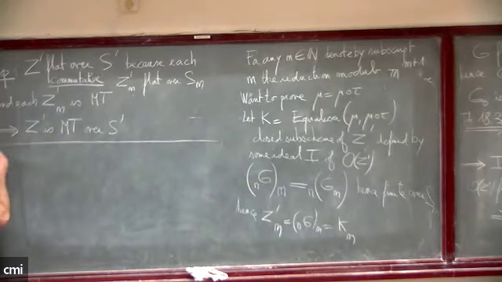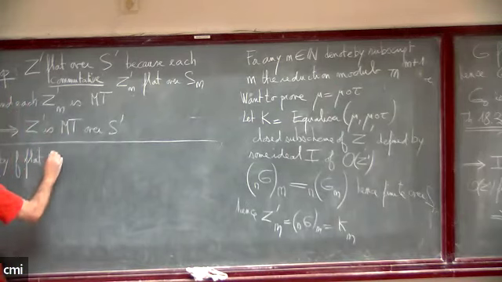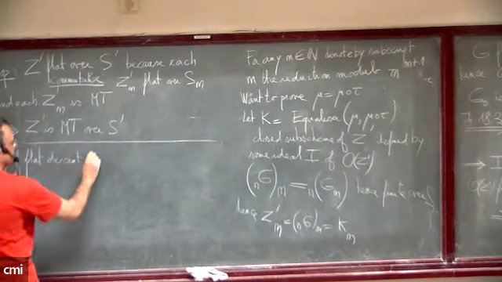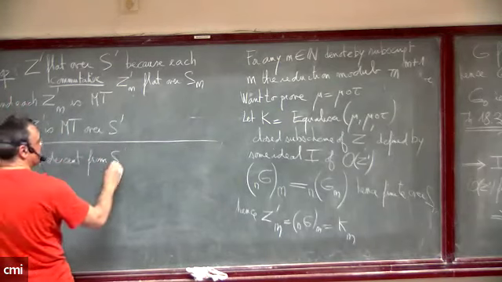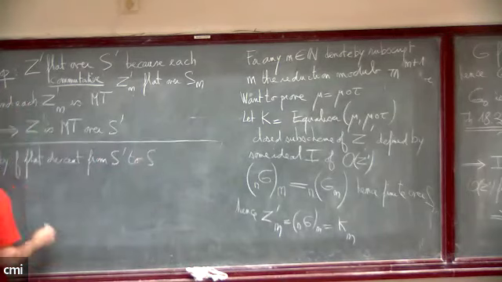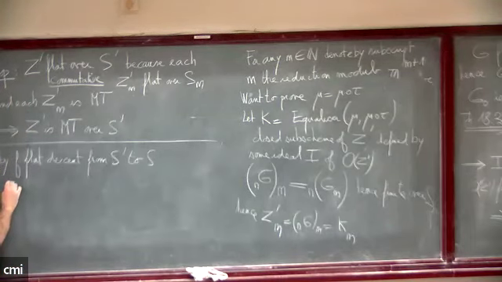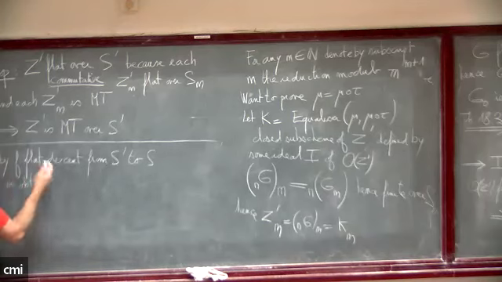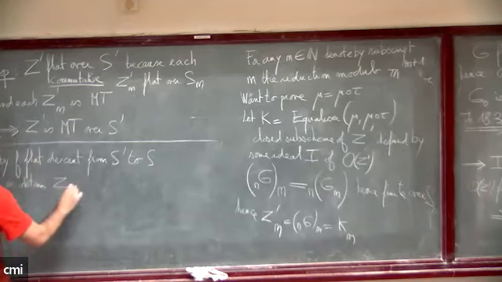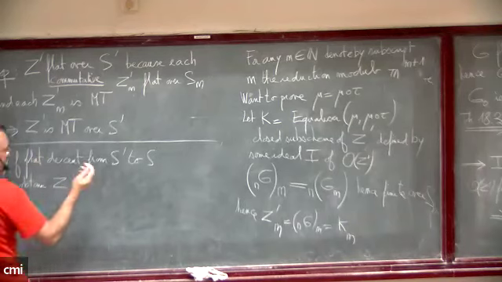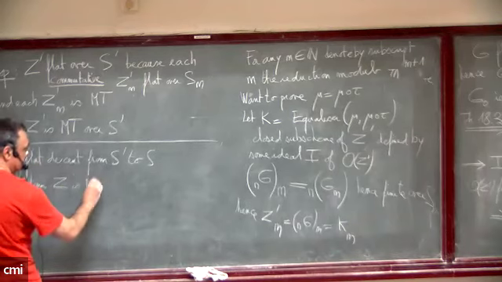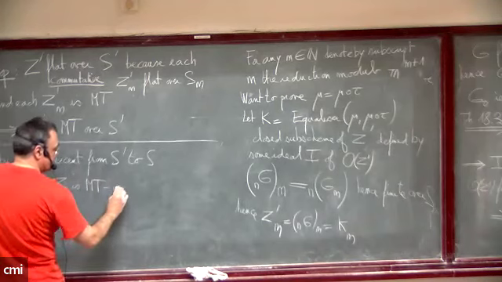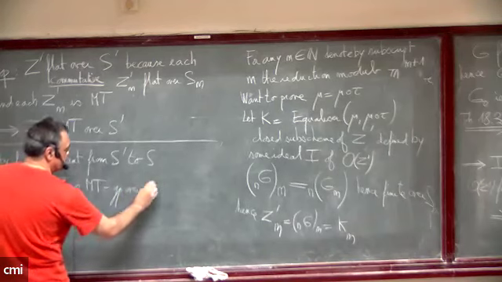Now by faithfully flat descent from S prime to S, we obtain that Z is a group of multiplicative type over S.